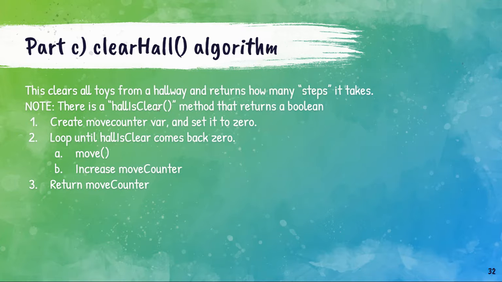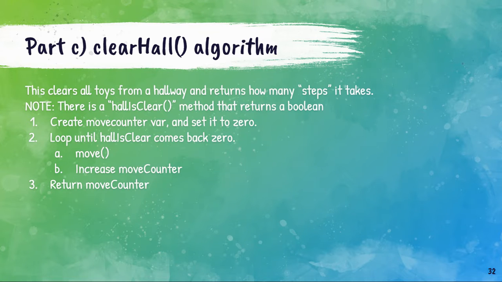So that is going to be the one that's going to do a lot of the heavy lifting. The other thing that they want to know is how many steps does it take? Recognize that the number of steps is not equal to the number of toys. So just be cognizant of that. I'm going to create a move counter variable, initialize it to 0.